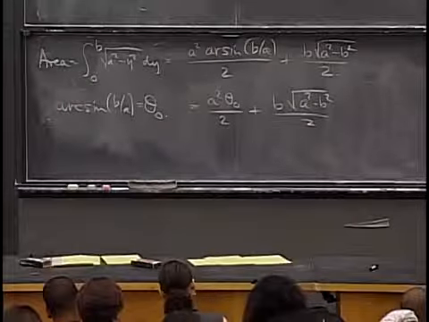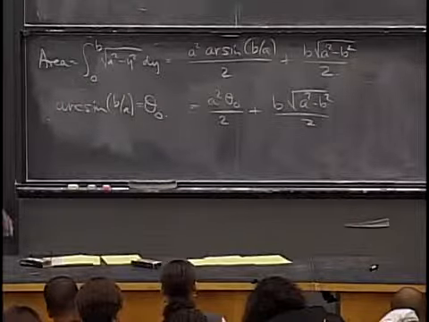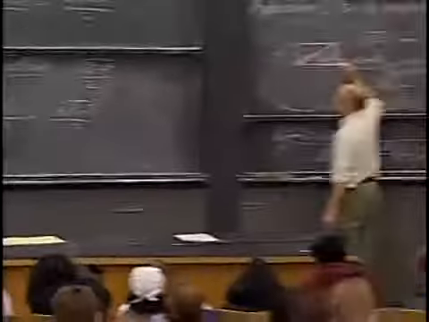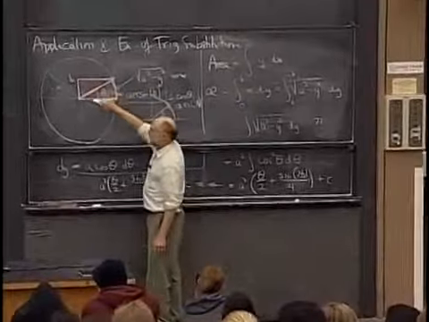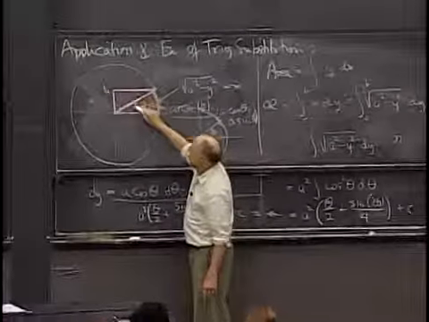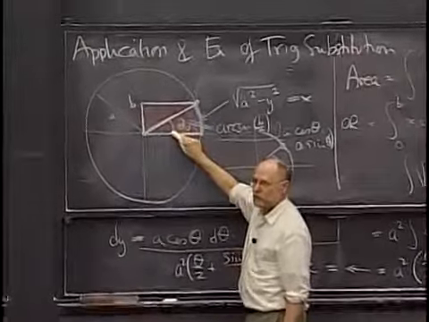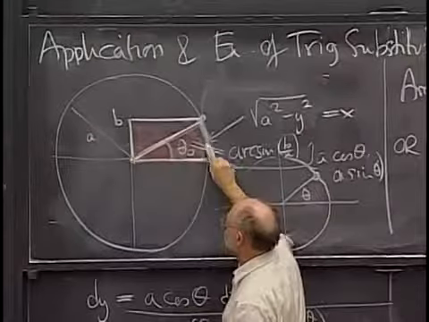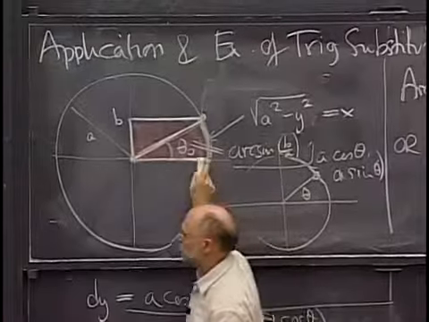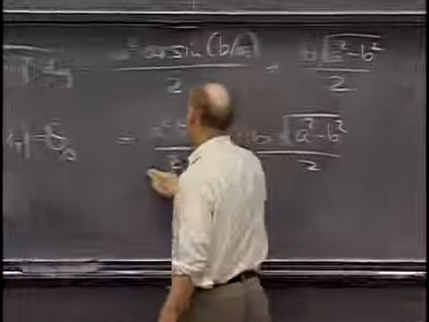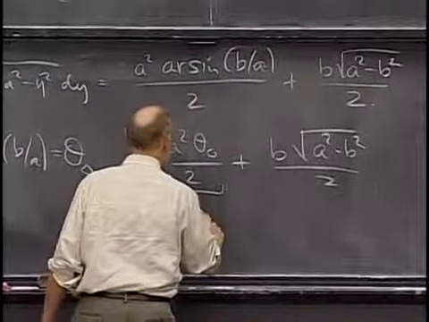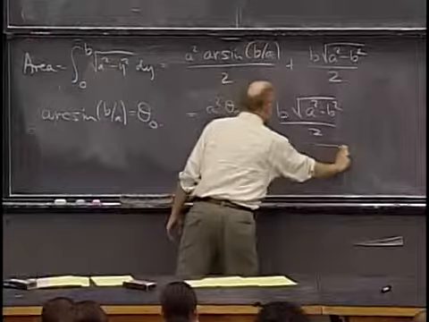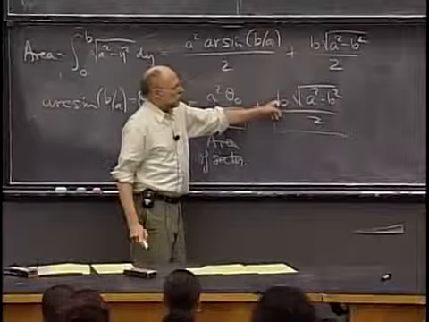Let's just think about this for a minute. I have these two terms in the sum. Is that reasonable? The first term is a squared, that's the radius squared, times this angle times a half. Well, I think that is exactly the area of this sector. A squared theta over 2 is the formula for the area of the sector. And this one, this is the vertical elevation.